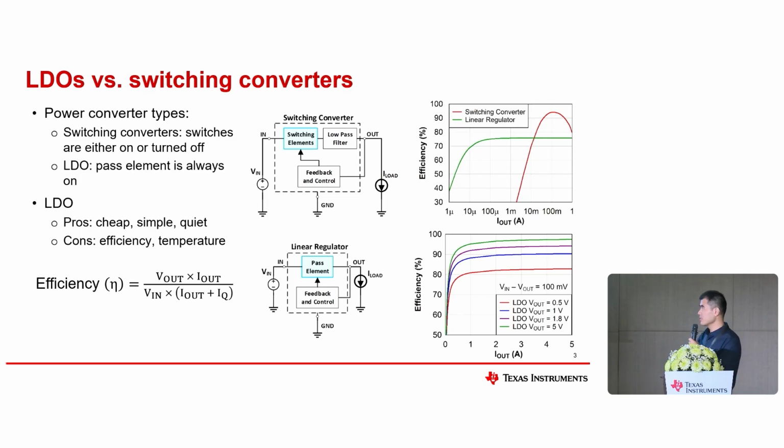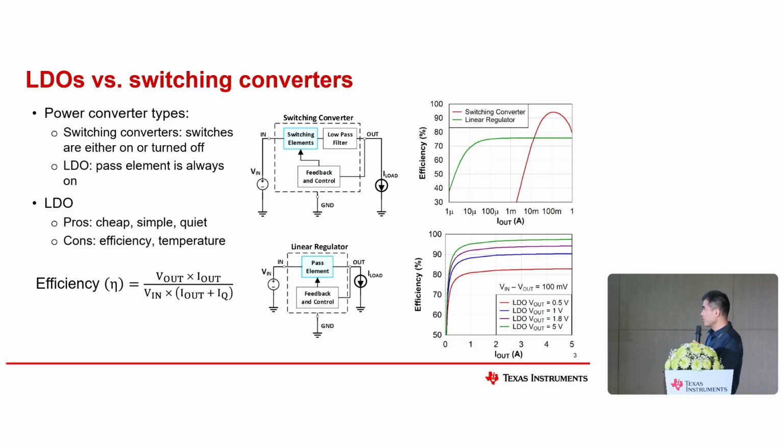So it's different. That means the LDO is often very simple and cheaper, and it has much less noise than the switching converter. In some very noise sensitive applications, we can use LDO.